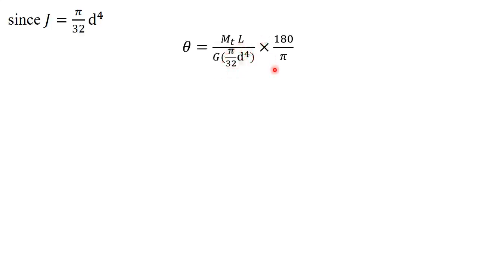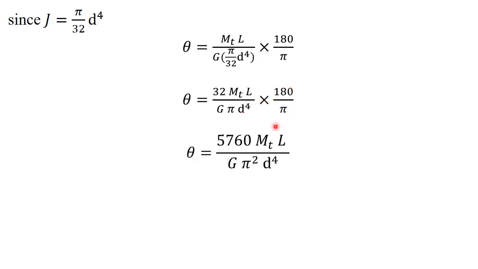So after simplification, theta is equal to 32 mtl divided by g pi d to the power 4, into 180 by pi. Multiplying 32 and 180, and pi square, this is also pi, this is also pi. So we get theta is equal to 5760 mtl divided by g pi square d to the power 4.